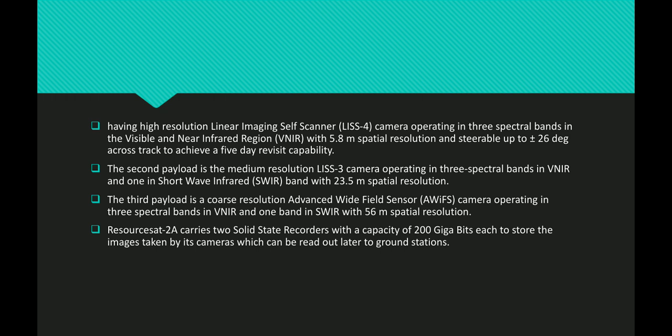The second payload is the medium resolution LISS-3 camera, operating in three spectral bands in VNIR and SWIR with 23.5 meters spatial resolution.